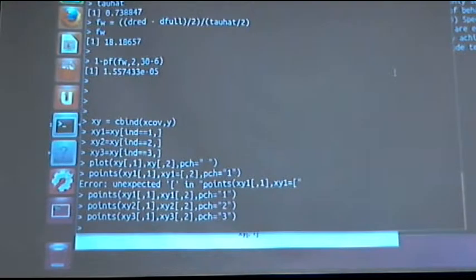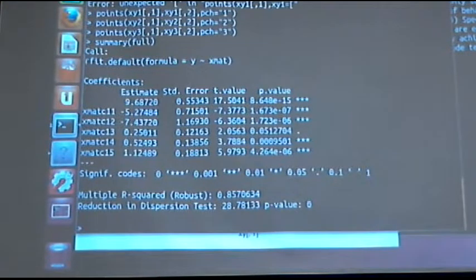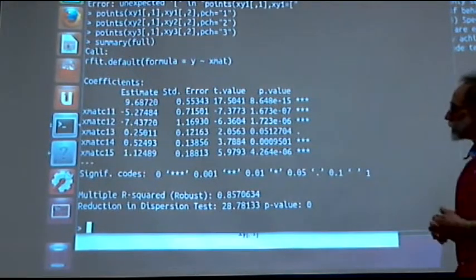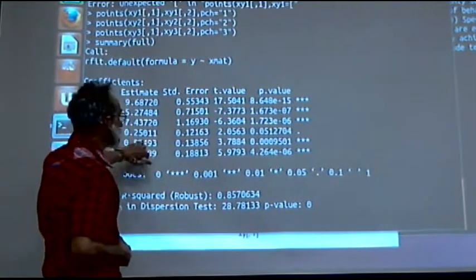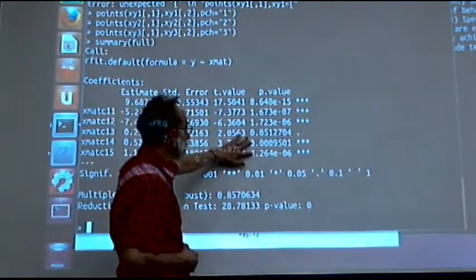You can see it on the increments too, if you did summary. These are two slopes. They're much different than one.